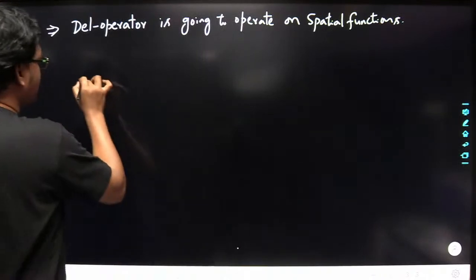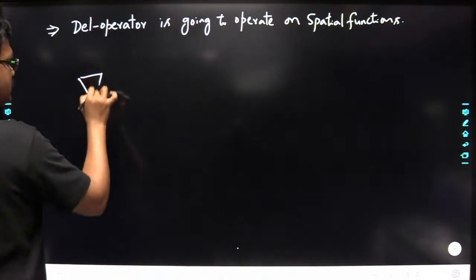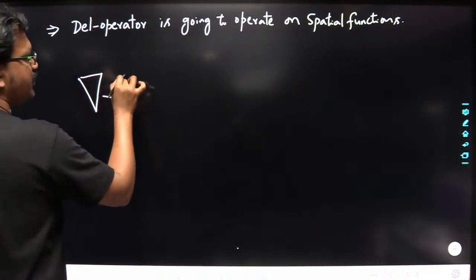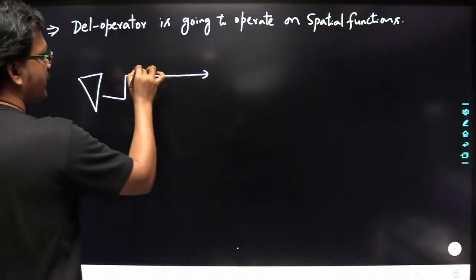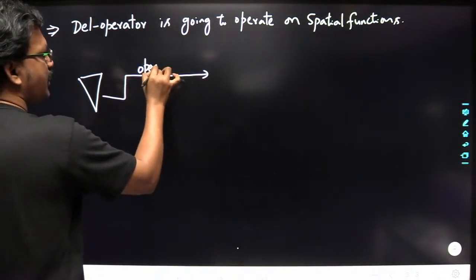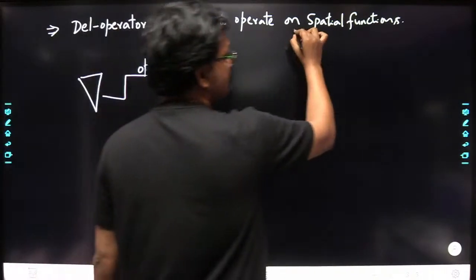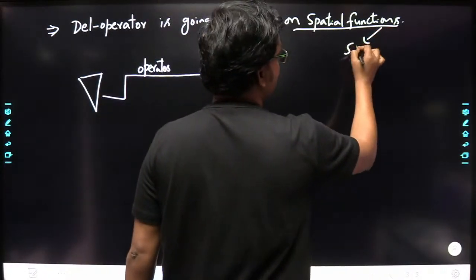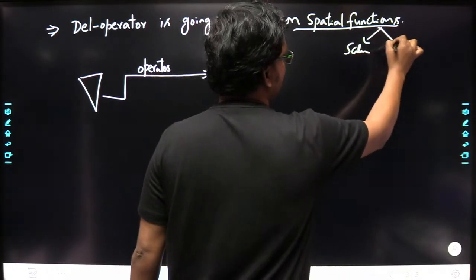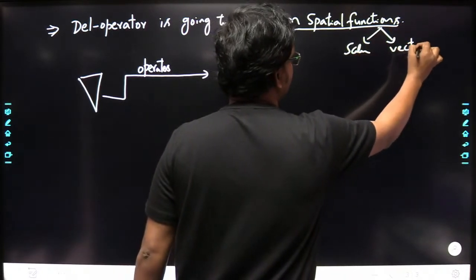So this is the del operator. When it operates, it is going to operate on a spatial function. This spatial function can be a scalar function, or it can be a vector function.